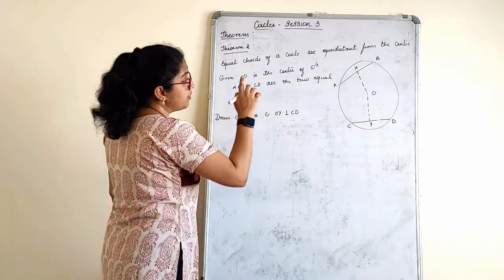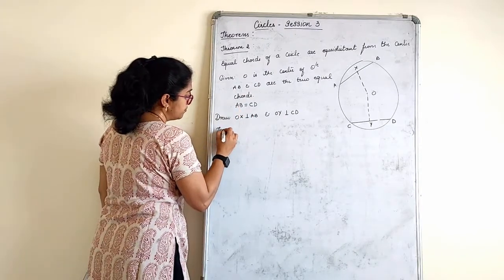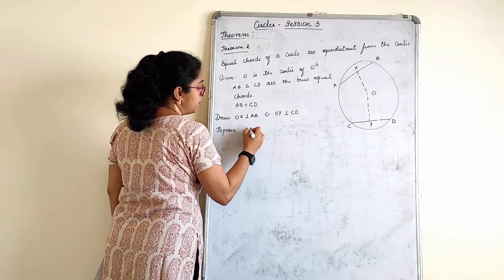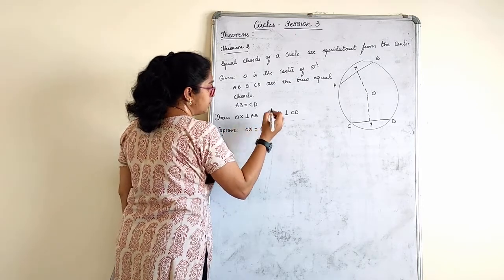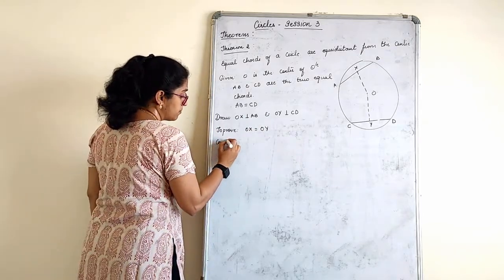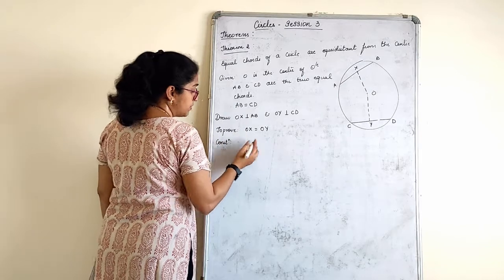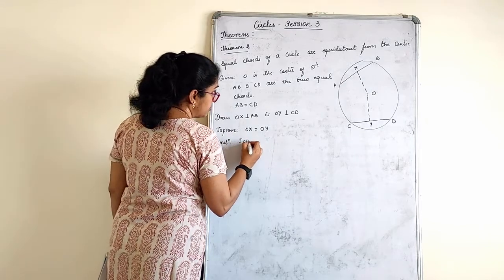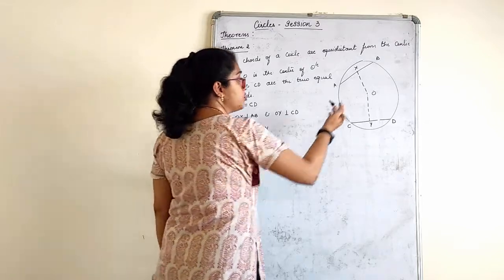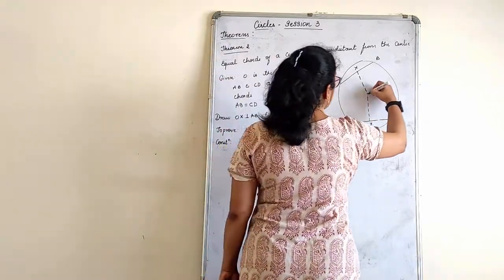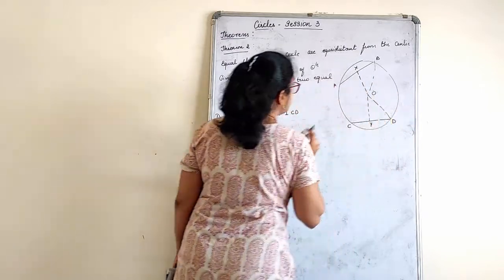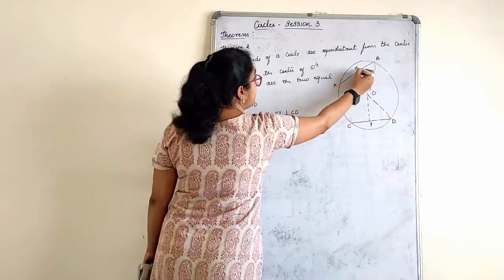What we have to prove now? To prove OX is equal to OY, equidistant from center. Construction: join one pair, whichever you want. Join OB and OD. I will choose these, or you can say OA and OC also. So join these two sides. Choose those triangles. They are perpendicular.